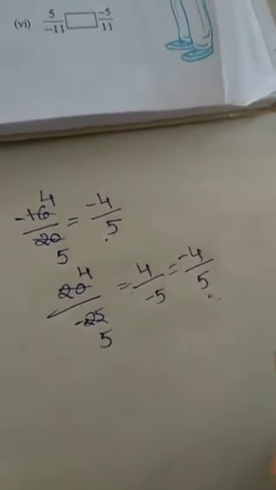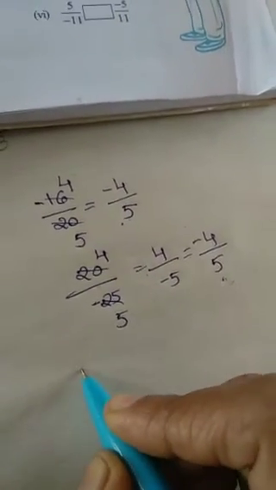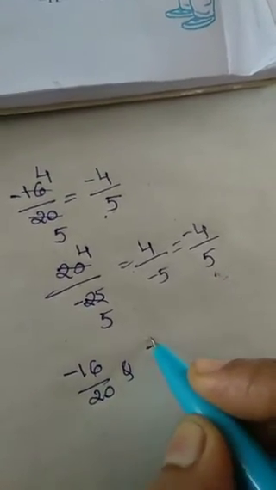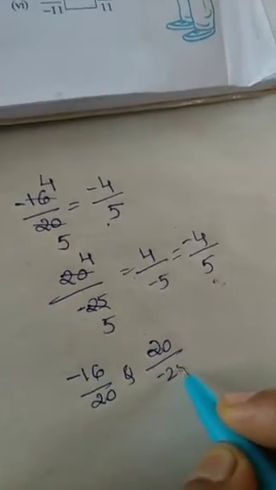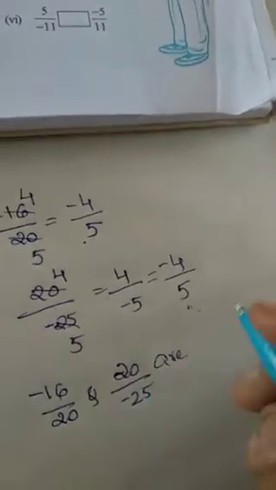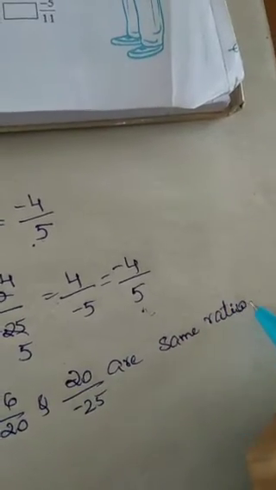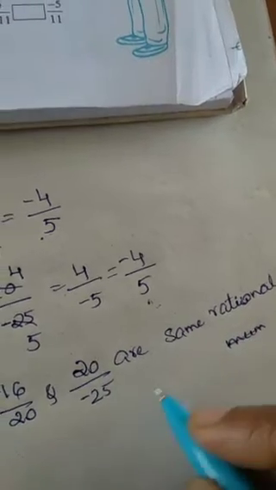See here, both the rational numbers are the same. So, here we have to write that negative 16 by 20 and 20 by negative 25 are the same rational numbers.